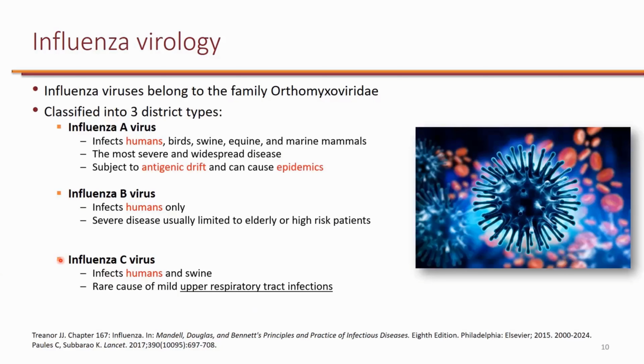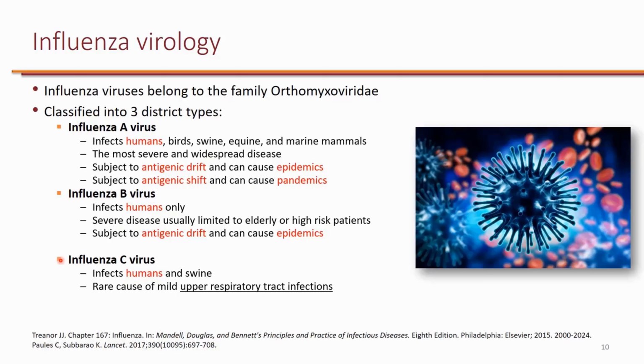Now, both influenza A and B are subject to antigenic drift, which are basically point mutations that happen in the genetic material of the influenza virus, and this leads to variation that can cause epidemics every influenza season. Now, influenza A is also subject to antigenic shift.